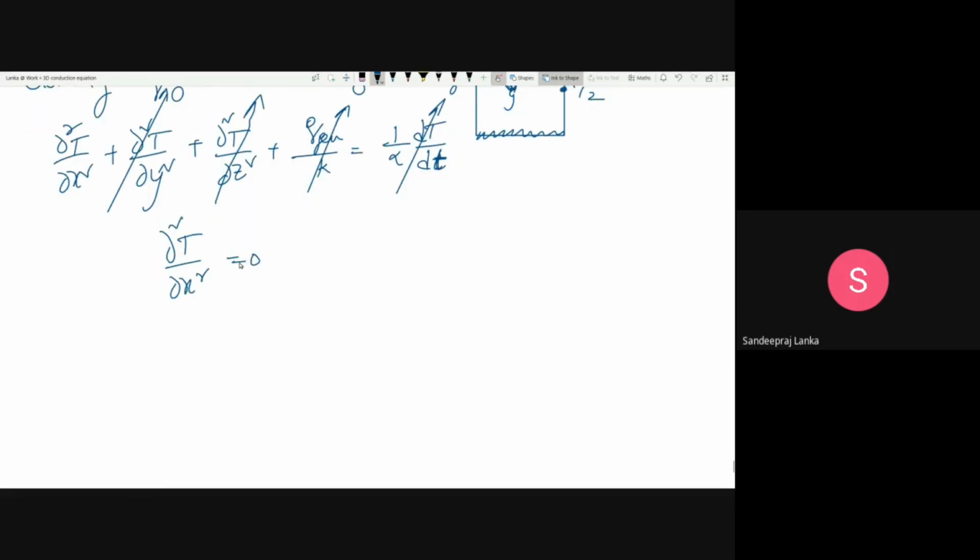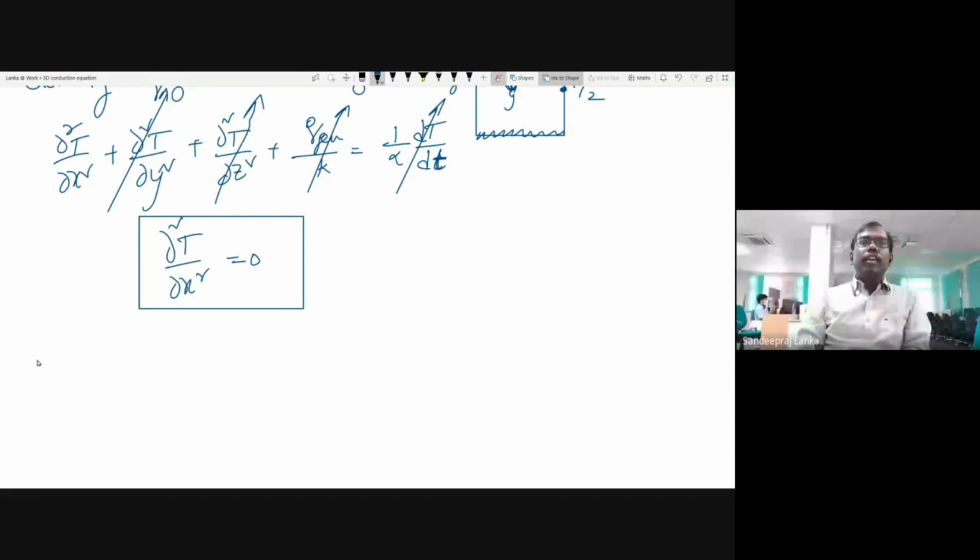Now that you know the governing equation, to solve it you should have something called a general solution. How do I get the general solution? You integrate this one, taking the differentiation out of it.